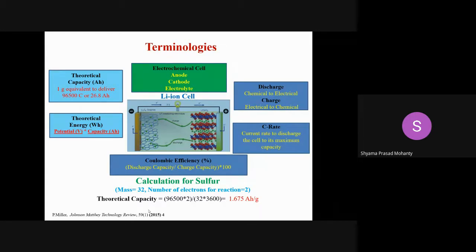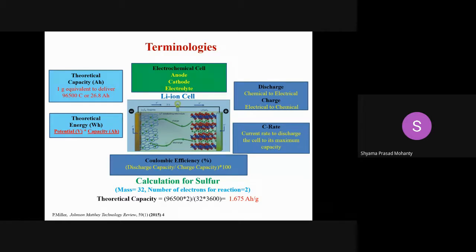Lithium ion cells use insertion type electrodes, so you will be inserting lithium ion, extracting it, inserting it, extracting it, like that it continues. It is restricted by the amount of lithium which is going into the cell.